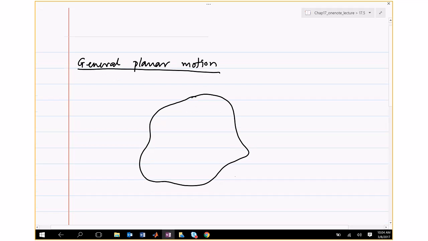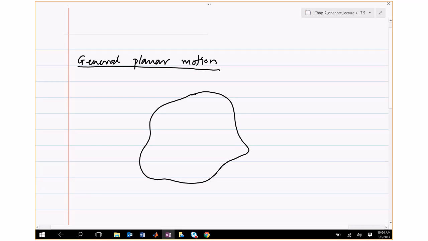So a rigid body, which is essentially two-dimensional, is acted upon by various forces. These are external to the body, F1, F2, F3, and can be external moments too, M1, M2, and so on.